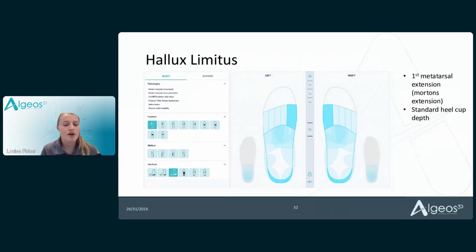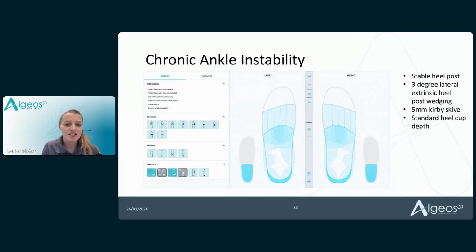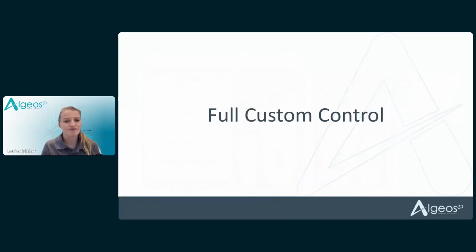Hallux limitus would involve a first metatarsal extension, again with a standard heel cup, to get that full stiffness through the first ray, creating rigidity during propulsion. And for chronic ankle instability, looking at lateral stabilizers, so some lateral extrinsic heel posting and lateral wedging around the lateral column and external border of the foot.